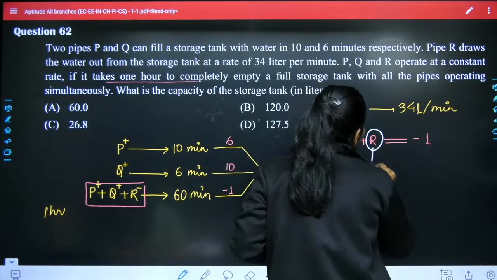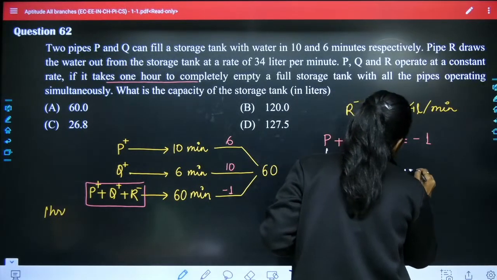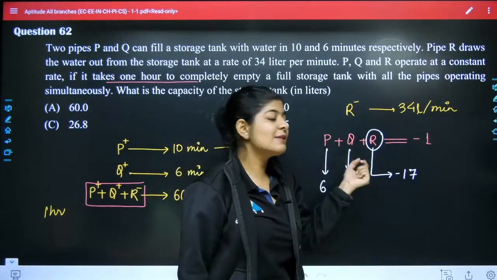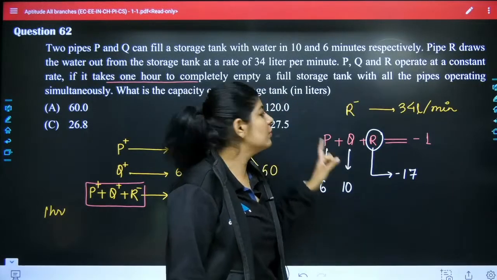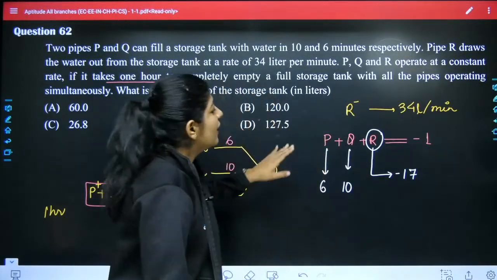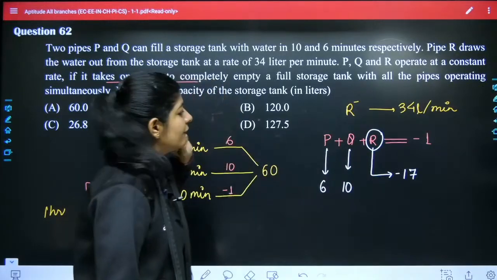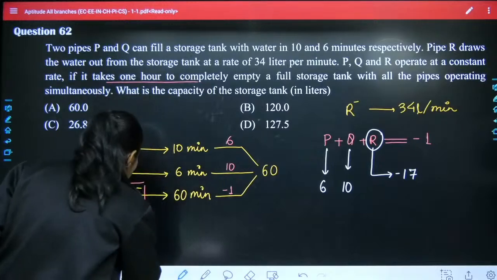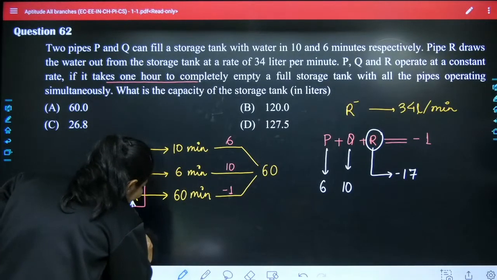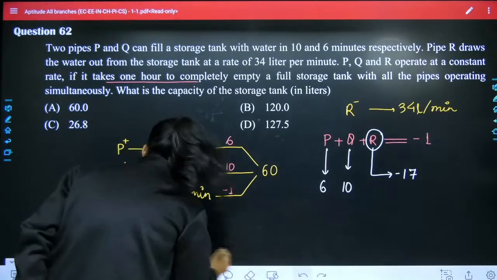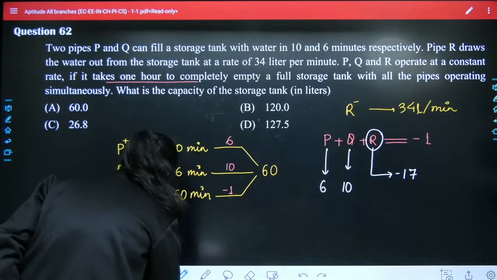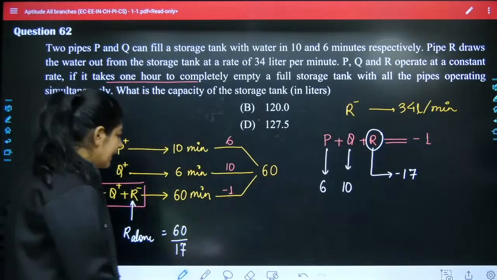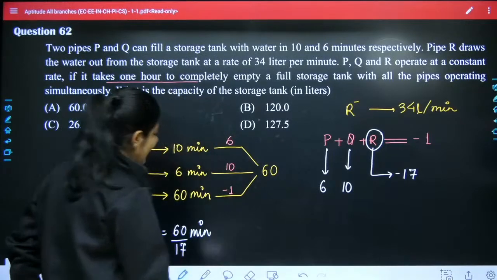It should equal -17. Only when the efficiency of R is -17 will this equation be satisfied. So if R alone empties the tank, it will empty it in 60 by 17 minutes.